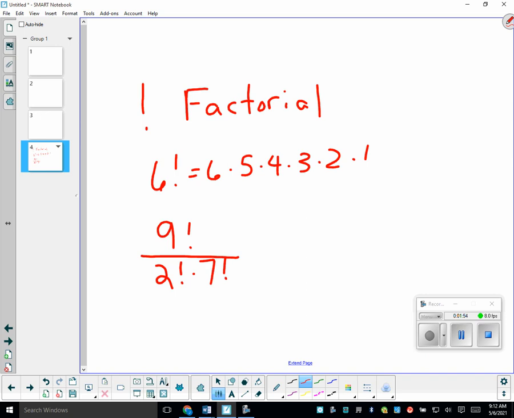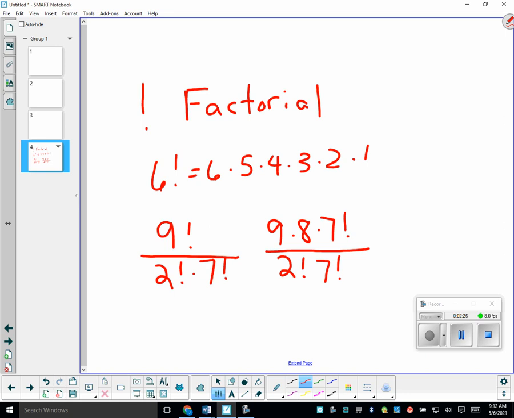This is my numerator. So it's 9 times 8 times 7 times 6 times all the way down, but I can stop and write 7 factorial. And on the bottom I have this, don't I?